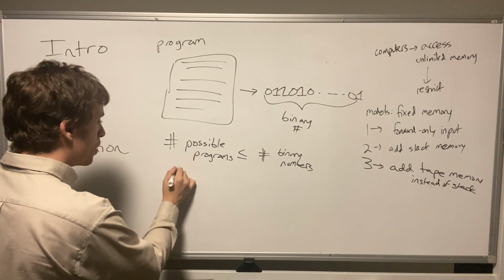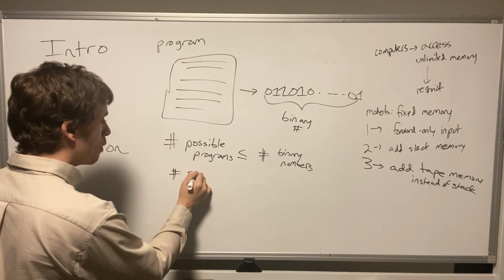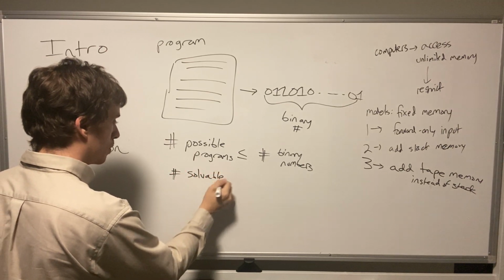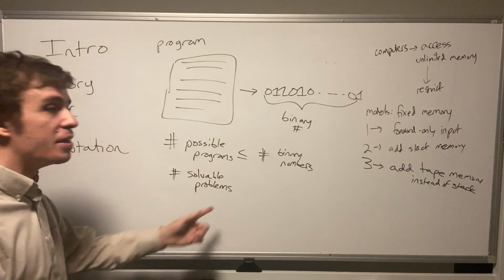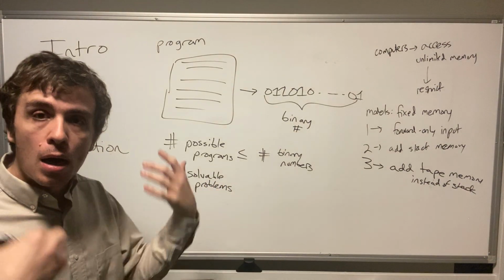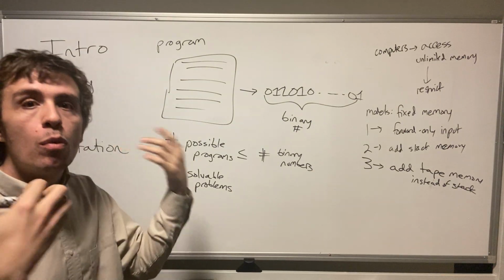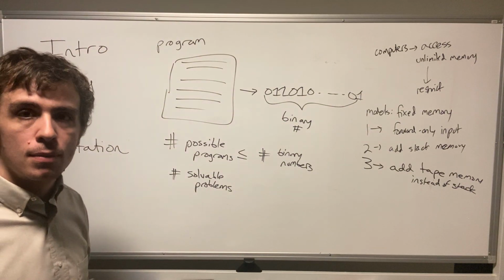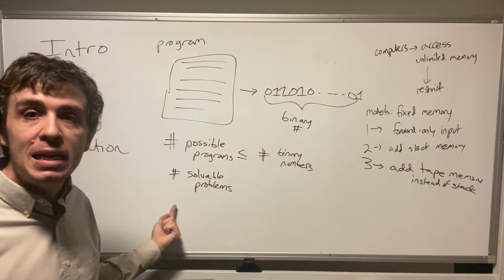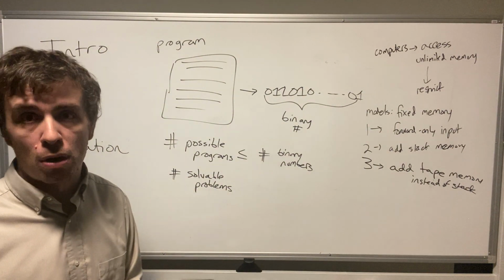So the number of solvable problems is at most the number of possible programs. What we want to do is compare this to the number of possible problems.